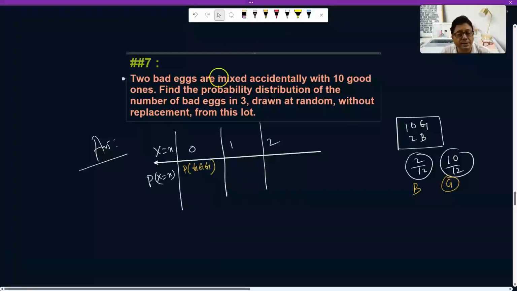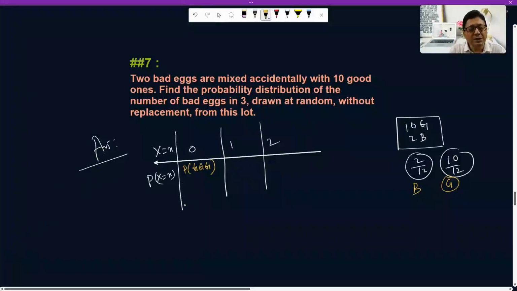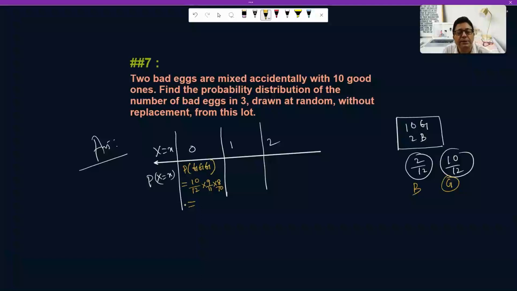No bad egg is there. So what will be the probability here? First one good, what's the probability? 10 by 12. Second one 9 by 11. Third one 8 by 10. Just simplify it. You will get the answer for this case where no bad egg is drawn.